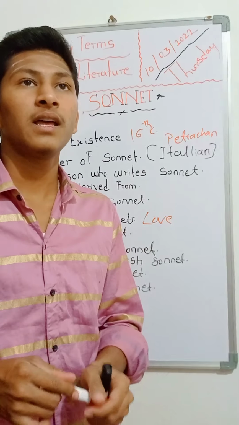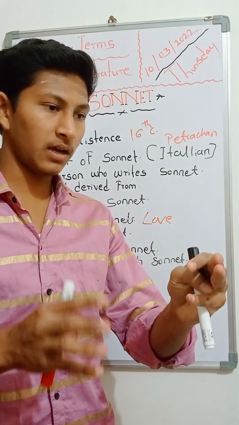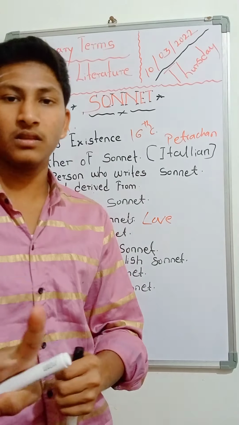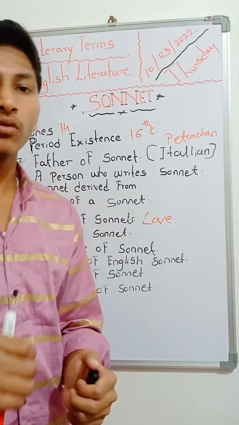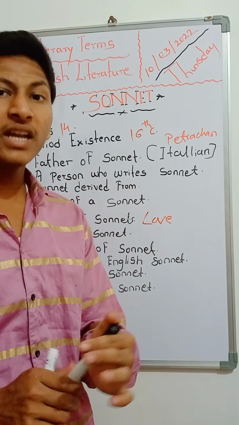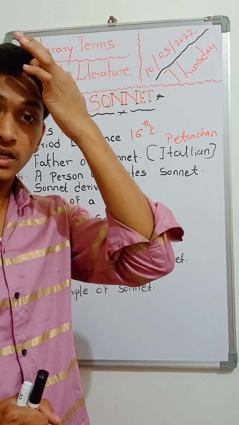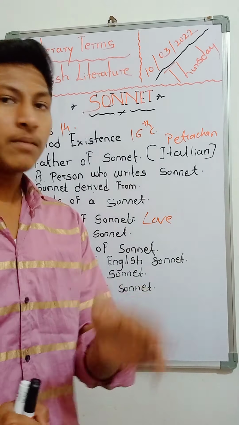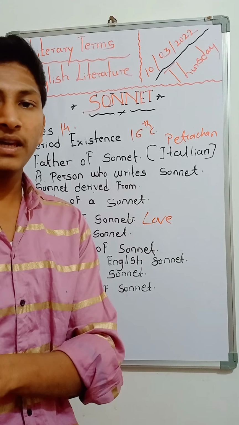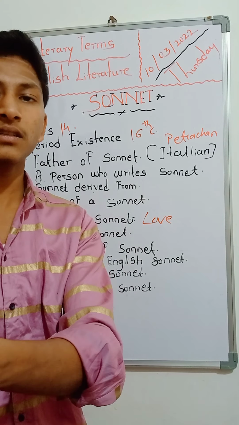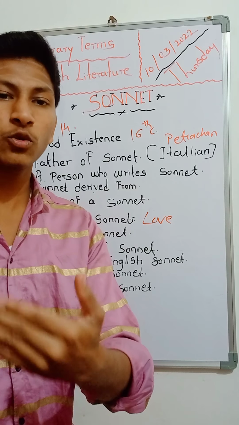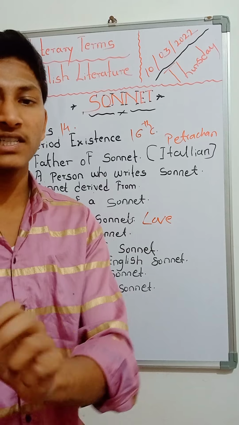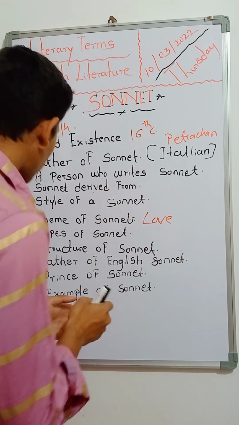In the English sonnet, there are 3 quatrains and a couplet. The quatrains make 12 lines, with the rhyme scheme ABAB, CDCD, EFEF, and the couplet is written with two lines, with the rhyme scheme GG. Okay, this is all about the structure of sonnet.